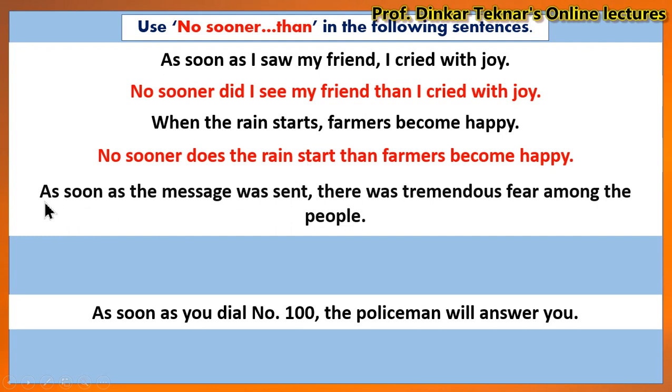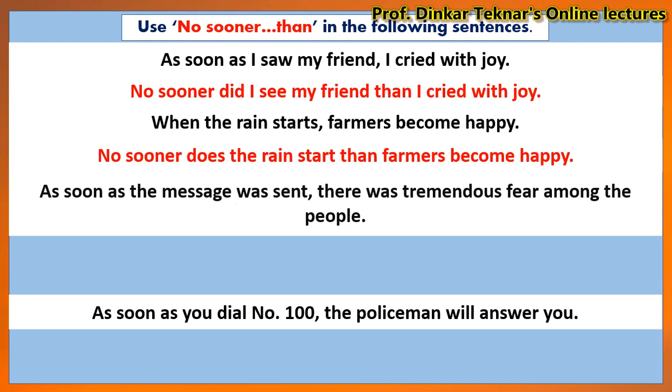Now look at this sentence. As soon as the message was sent, there was tremendous fear among people. Here in the given sentence, there are two verbs. Was is an auxiliary and sent is a main verb. So there is no need of using do, does or did.